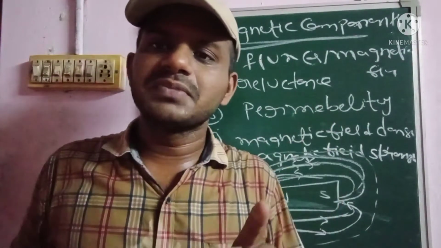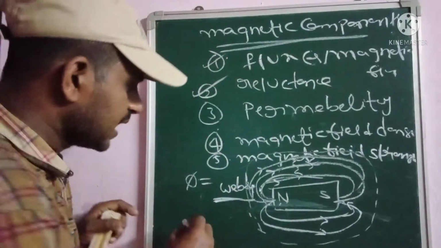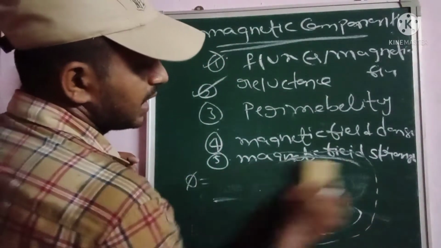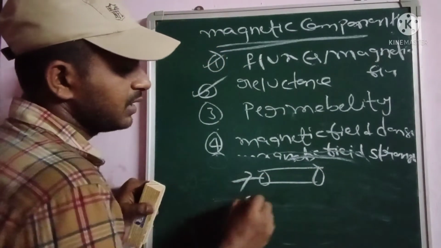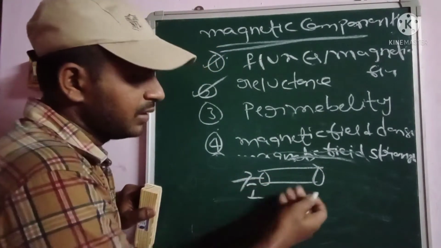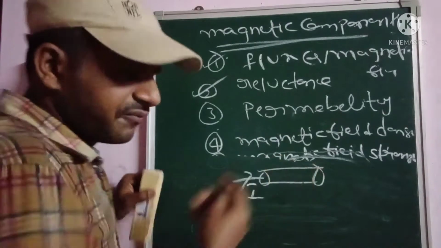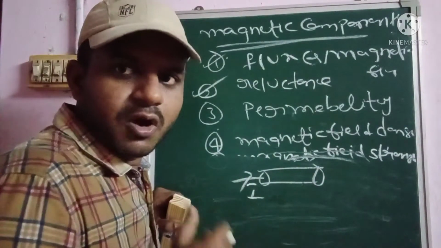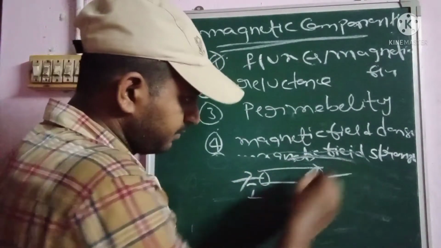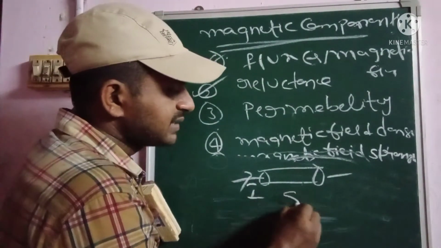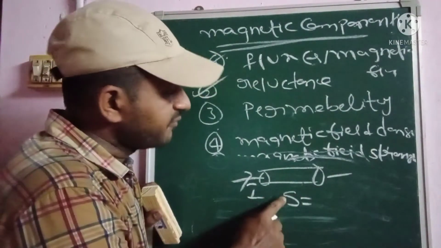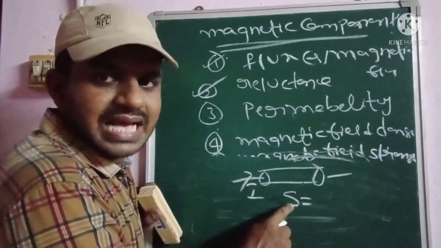So this is the definition of reluctance. When supply is given to the conductor, this property opposes the flow of flux. Coming to the formula of reluctance, the symbol of reluctance is S.